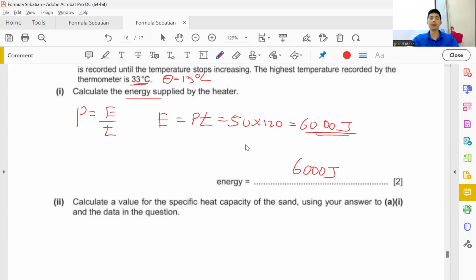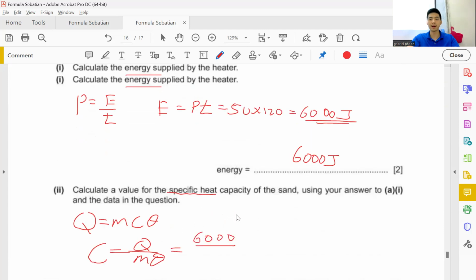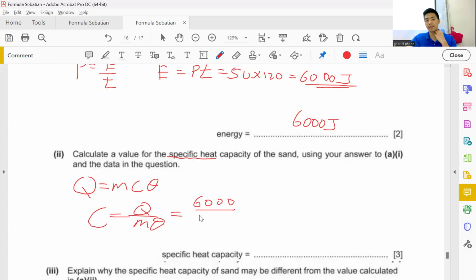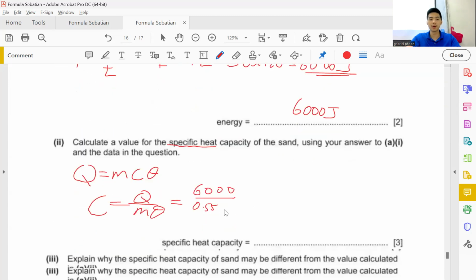Then, after that, they ask you to calculate the value of specific heat capacity. Once again, Q is equal to mcθ, and c must be Q over mθ, right? Which in this case will be 6,000 divided by the mass of 0.55, divided by the change in temperature of 13 degrees Celsius.